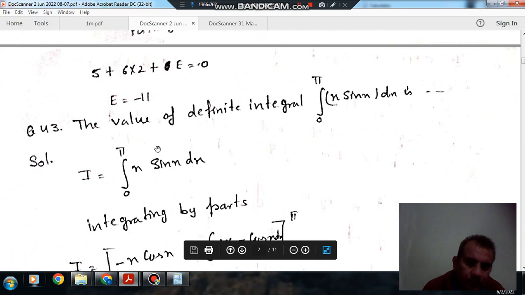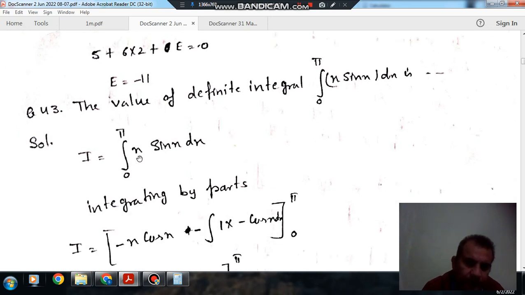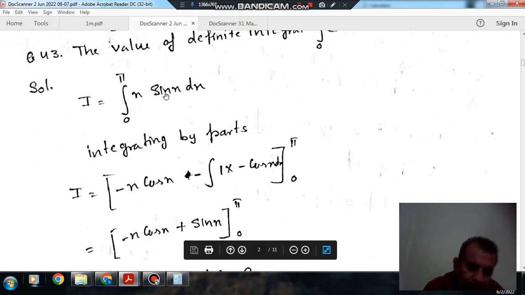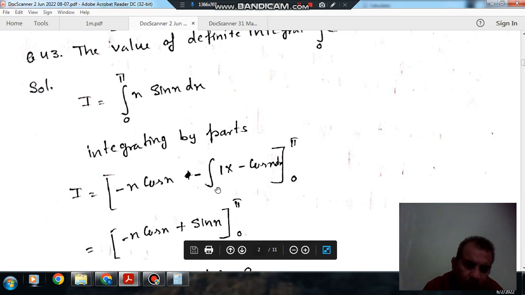Next, the value of definite integral 0 to pi x sin x dx is dash. Let I be the integral of x sin x dx, limit 0 to pi. Integrating by parts, keeping x the same and integrating sin x, it will be minus x cos x. Now differentiating x gives 1, and integrating minus cos x, and then again performing integration.